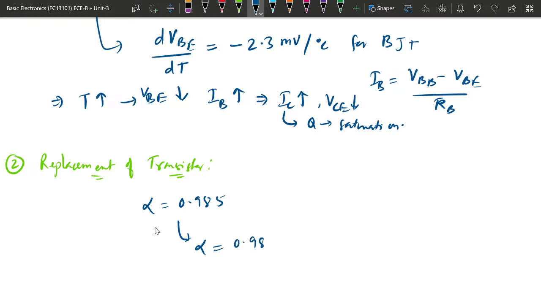That means there is a change of 0.5% in the alpha value.